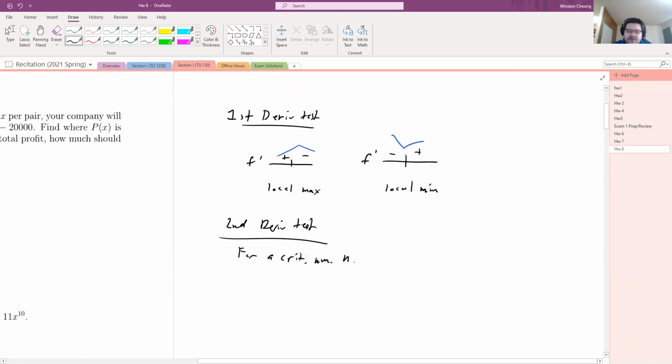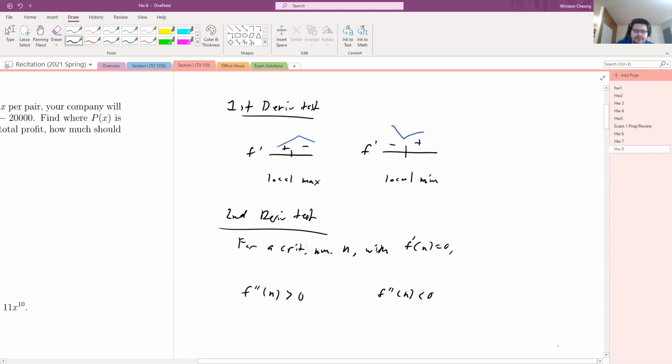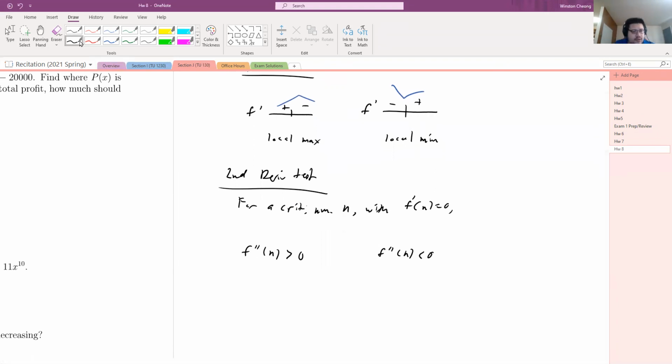For a critical number N with f prime of N equals 0, the second derivative test is all about taking that critical number and plugging it into the second derivative. If it's positive, it tells us something. If it's negative, it tells us something else. And if it is equal to 0, then it tells us nothing. The test is inconclusive. But usually you won't see that. Usually it's got to be plus or minus. Okay.